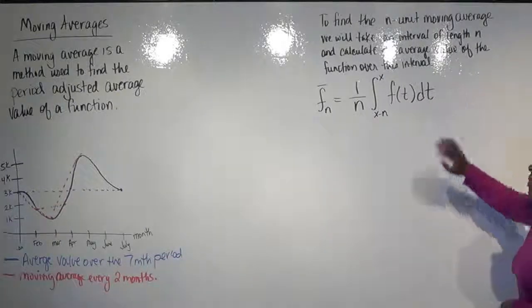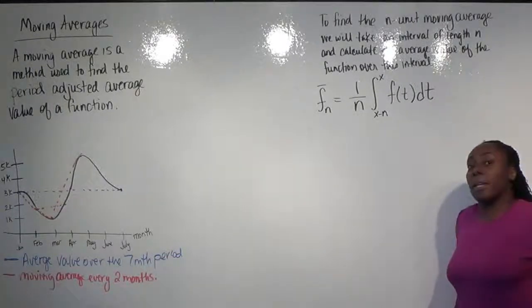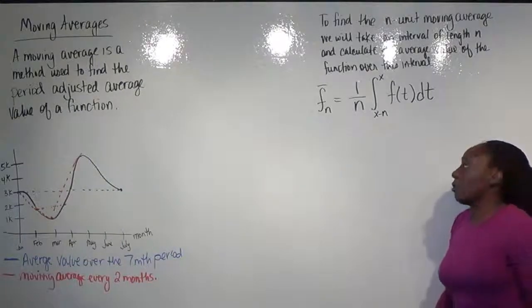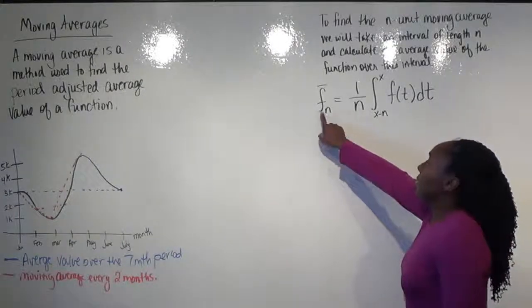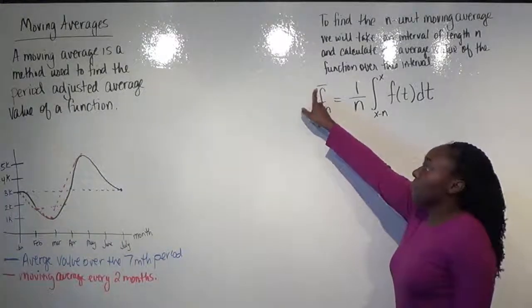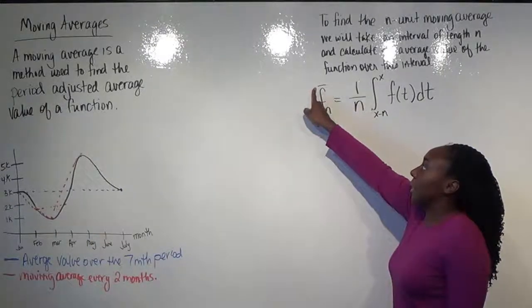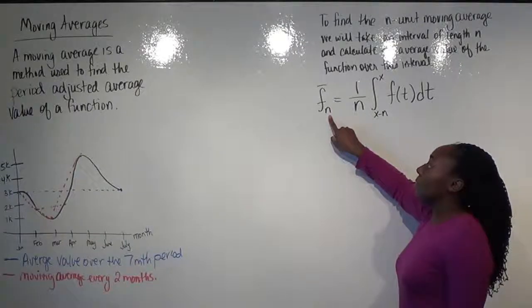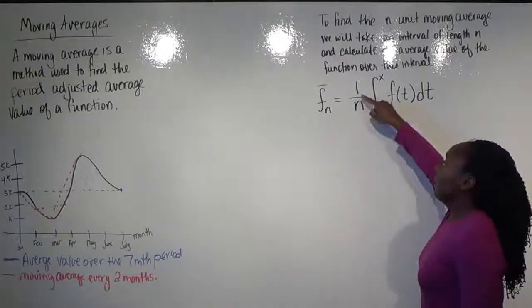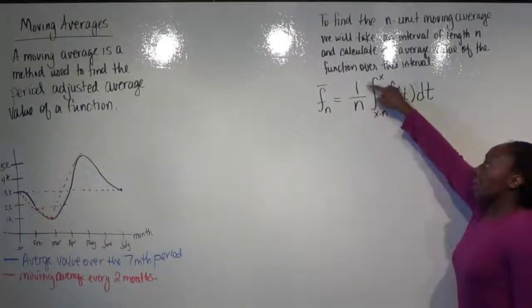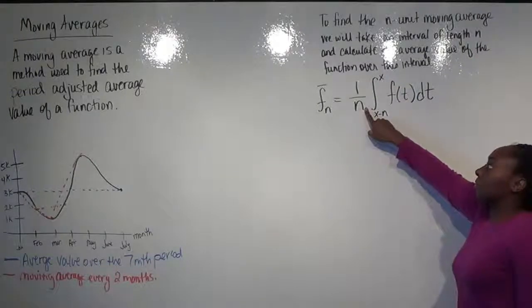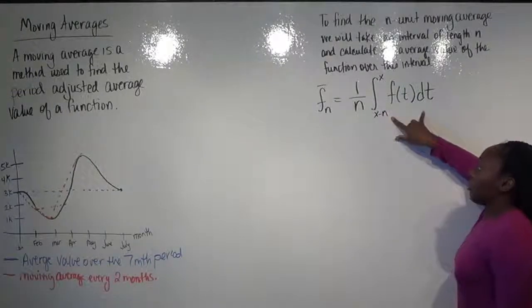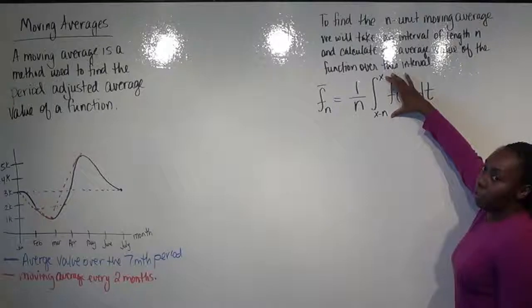And so n here is considered arbitrary depending on the number of moving averages we want. So we denote this f sub n with the bar. So again, the bar means I'm looking at an average value. The n tells me I'm looking at an n-unit moving average. It's going to be 1 over n, so again, 1 over the length of our subinterval of our function over the length of the interval.